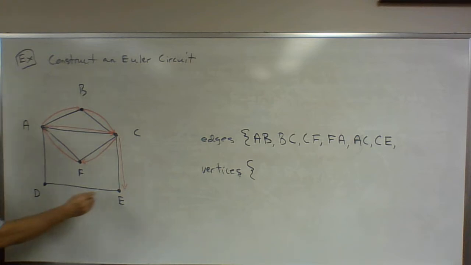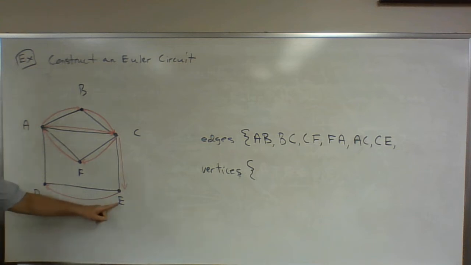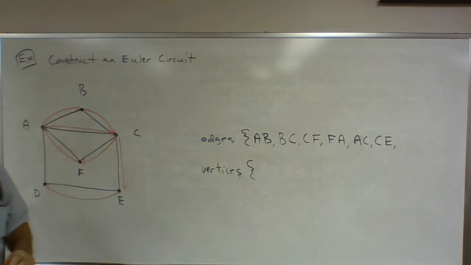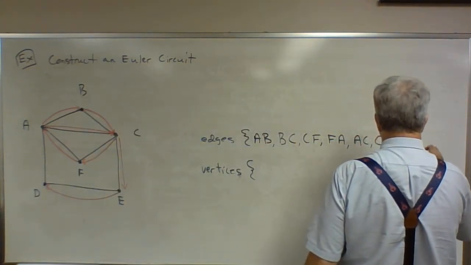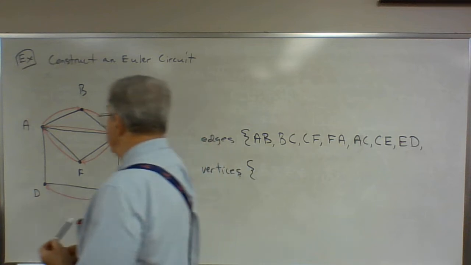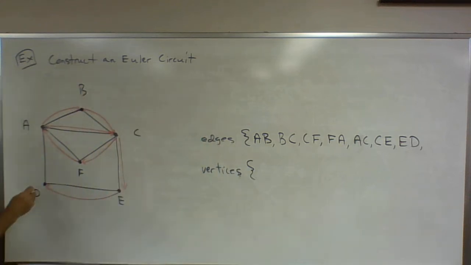And now there's only one place that I can go. I can go from vertex E to vertex D. And then from vertex D, there's only one place I can go. I got to go back to A, which is nice because I have all the edges covered exactly once.